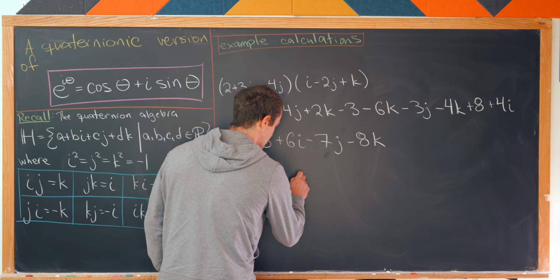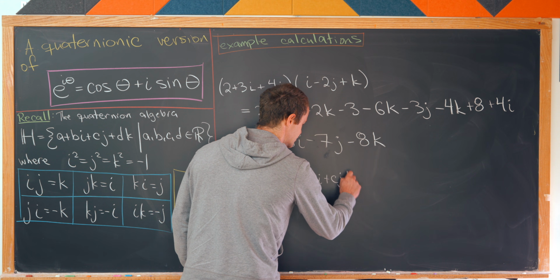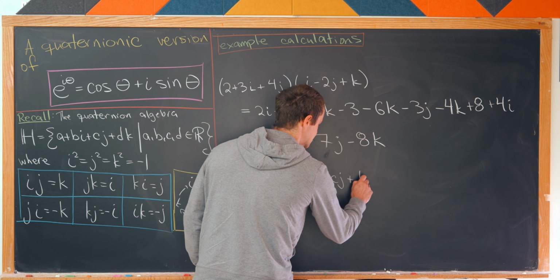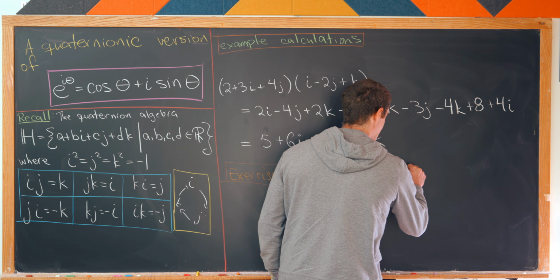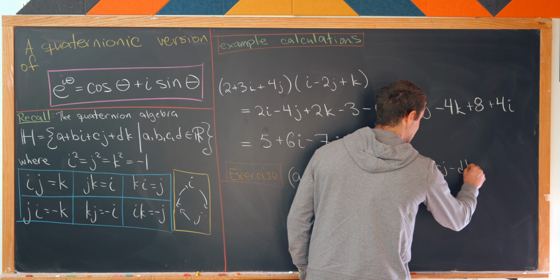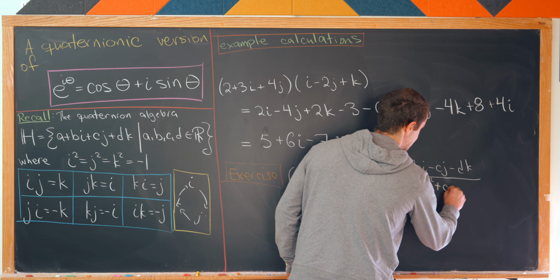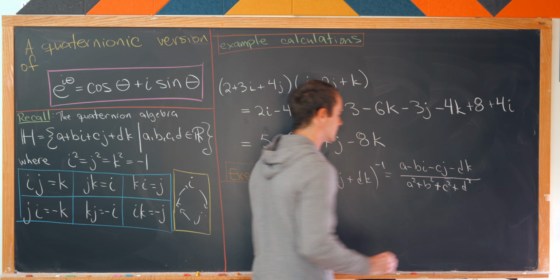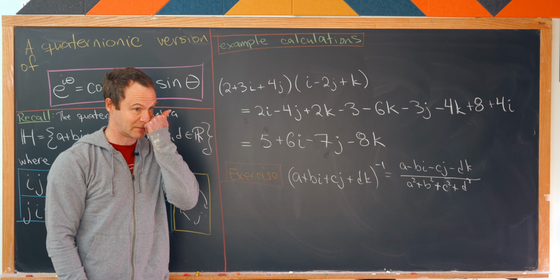Let's show that a plus bi plus cj plus dk inverse is equal to a minus bi minus cj minus dk over a squared plus b squared plus c squared plus d squared. That's kind of in parallel with what happens with complex numbers.